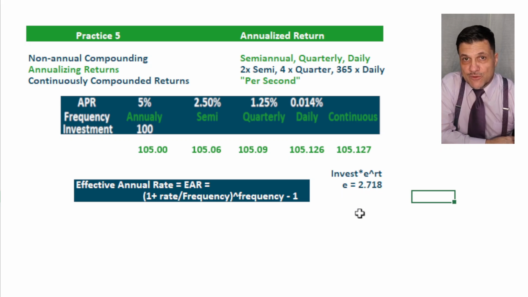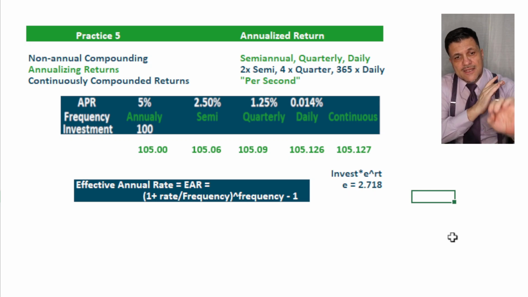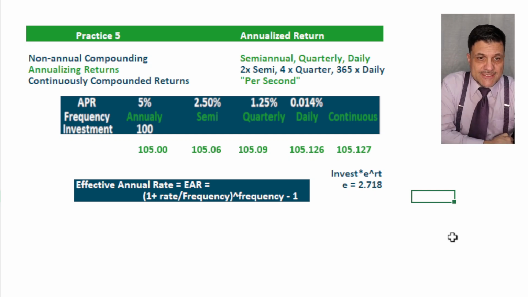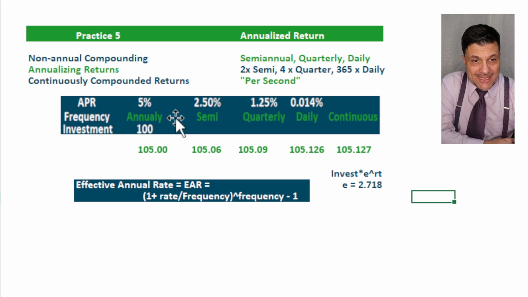The same way you remember pi equals 3.14. Remember the famous pi we learned in high school, right? Memorize the e. It could be helpful, because some of us might make a mistake putting the e on the calculator. Something happened that day, you're not doing it right, just calm down, put the calculator aside, and remember e is 2.718, and then you put 2.718 to the power of 0.05, right?